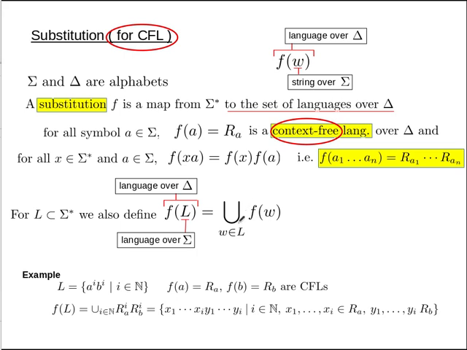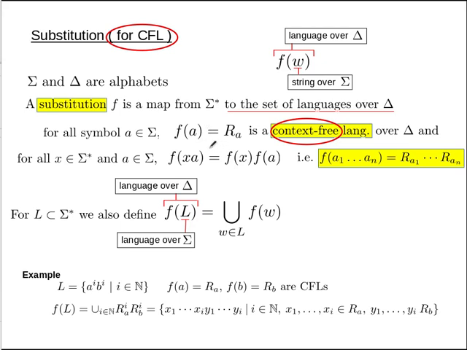So we take the union over all these languages where w is coming from L. This map should satisfy the property that f of xa is f of x concatenated with f of a, where a is a symbol and x is a string over sigma.